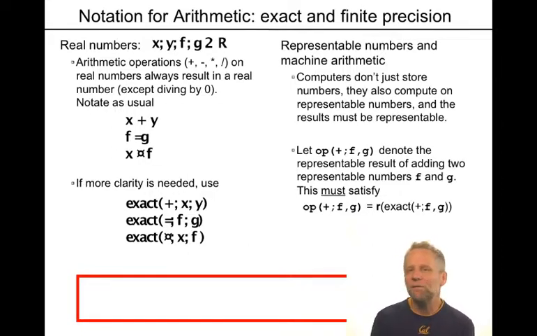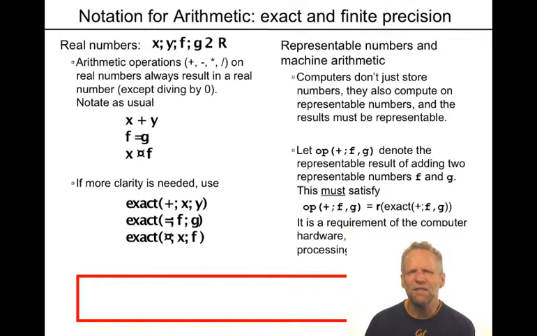So that's something we can always count on. Any one computer operation, which is on the left, op, will always be the round of the exact operation, even though the computer didn't do the exact operation. This is a requirement of the computer hardware, specifically this arithmetic processing unit.